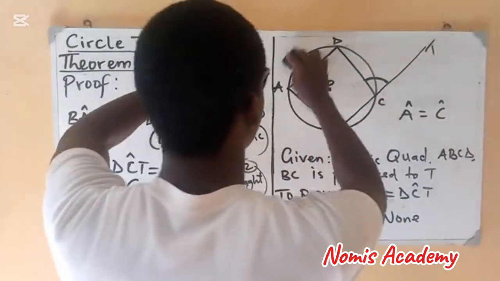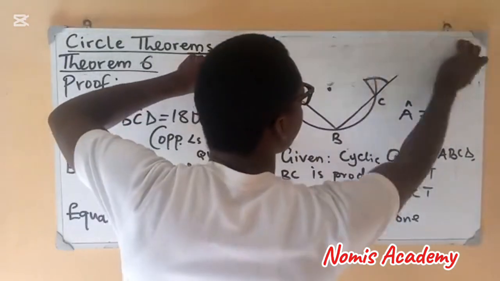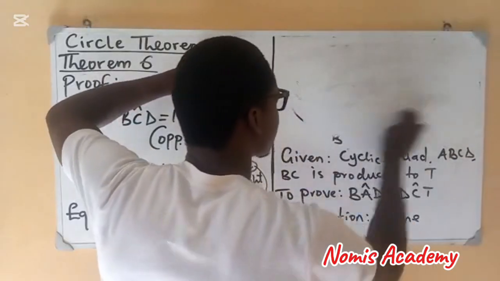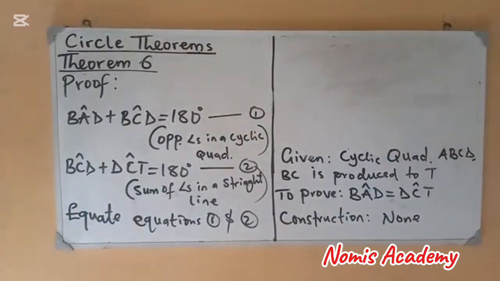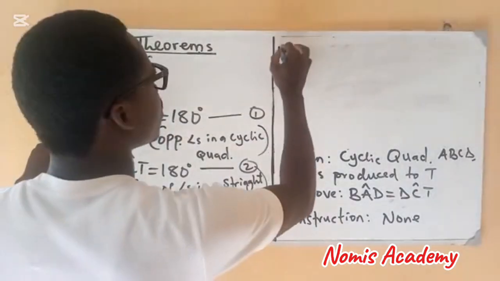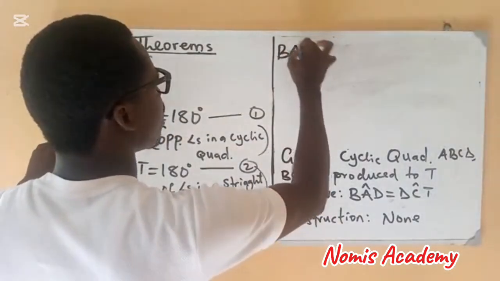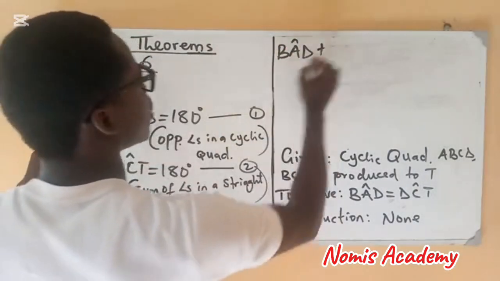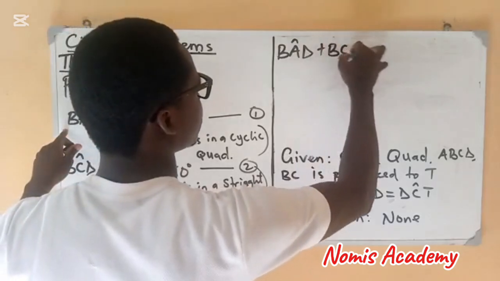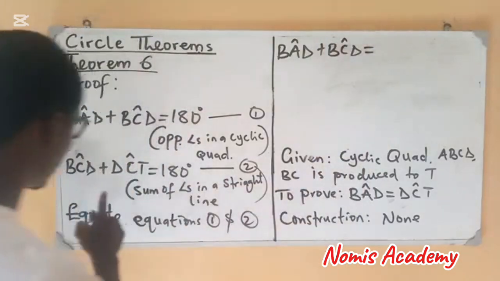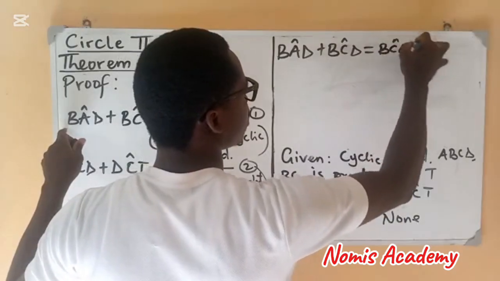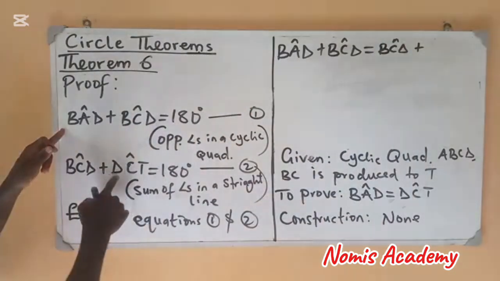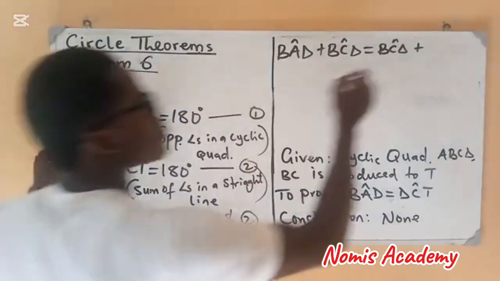So let's clean this side of the board. So we agree that BAD plus BCD is equal to BCD plus DCT.